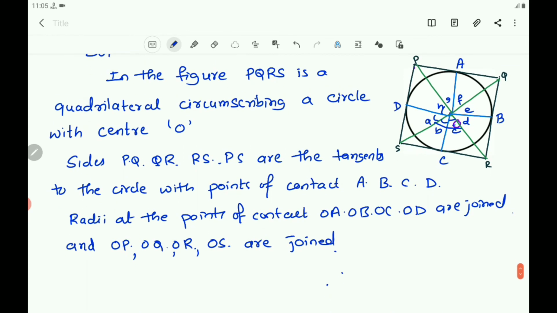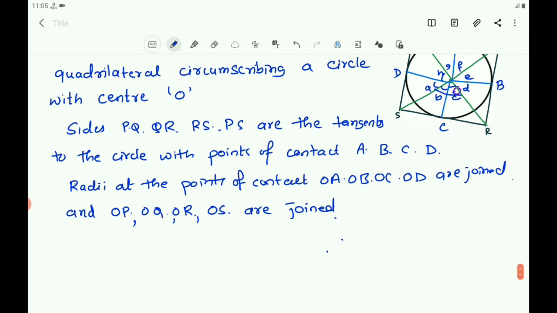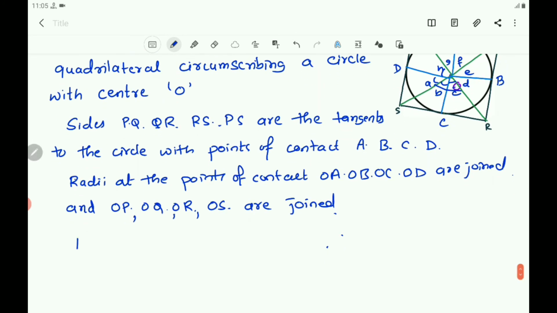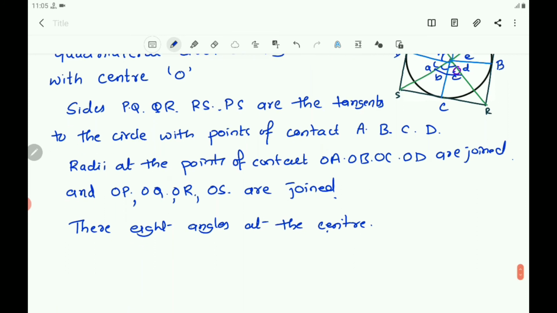Now let us denote the angles. Here you got 8 angles. A, B, C, D, E, F, G, H are the 8 angles at the center.